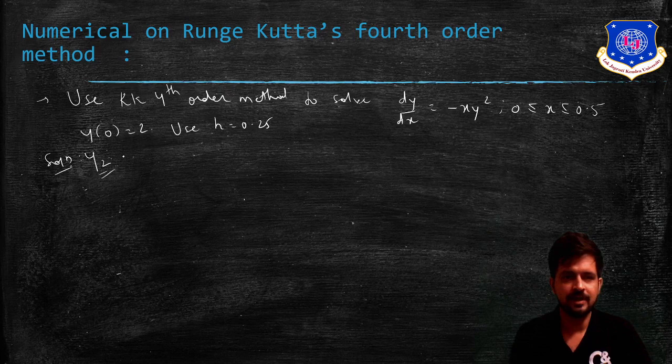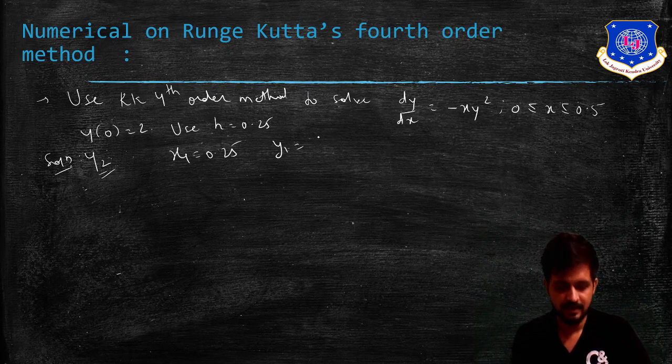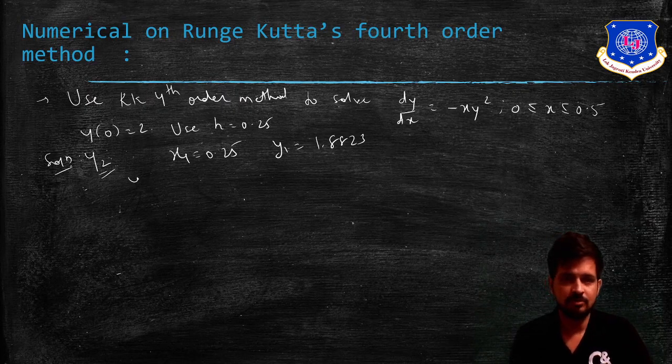To find y2, we will have the values of x1 and y1. What is our x1? x1 is 0.25 and y1 we have obtained, that is 1.8823. This you have to solve by yourself.